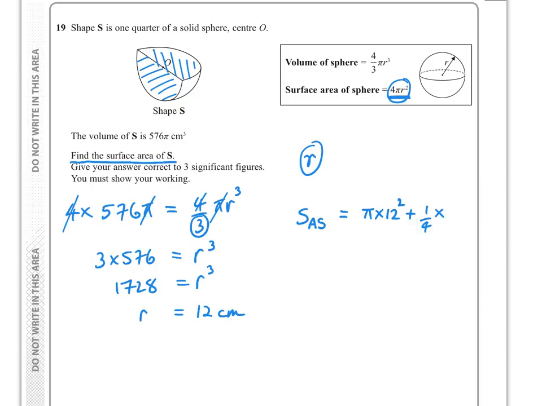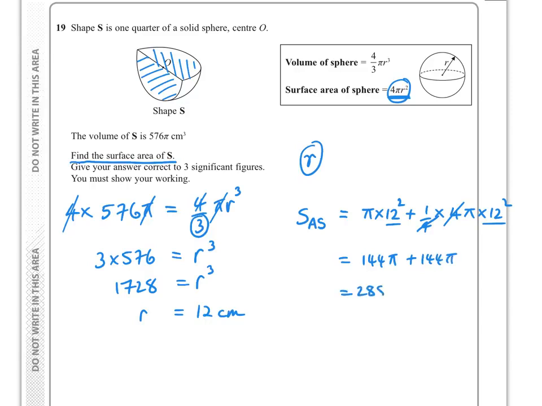And I've missed out one thing, so just put this in properly. So it's 1/4 of 4 pi times 12 squared. I know that these quarters will cancel here. So 12 squared is 144 pi, if you don't know, use your calculator, plus another 144 pi.